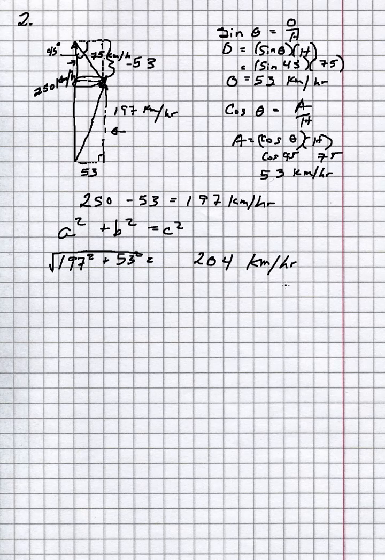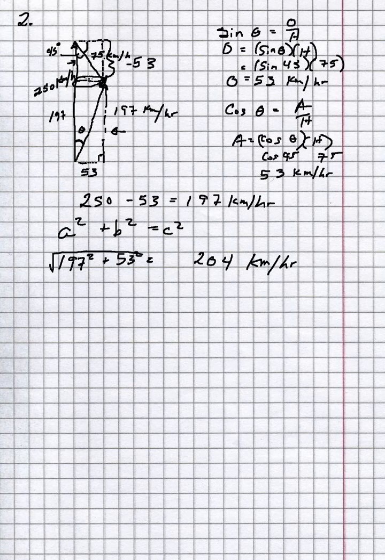That is the magnitude. Now we need to find the angle here. How far is he from north? How are we going to find that angle theta? Well, we have all these sides again. We know that this side's got to be 197 as well, and this one's 53.